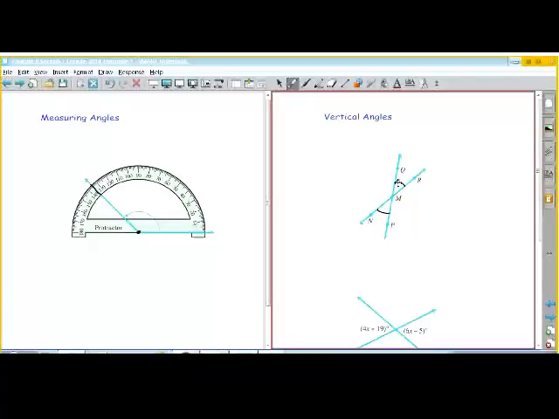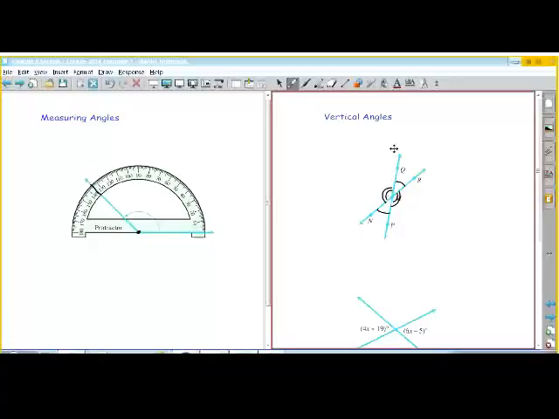If I do the single sweep over here, what that's telling me is that these two angles have the same value. Now I've got two other angles associated with these two intersecting lines. And if I use two little sweeps on both sides, what I'm showing is that these have the same value. I don't know what the value is, I just know that they're the same.